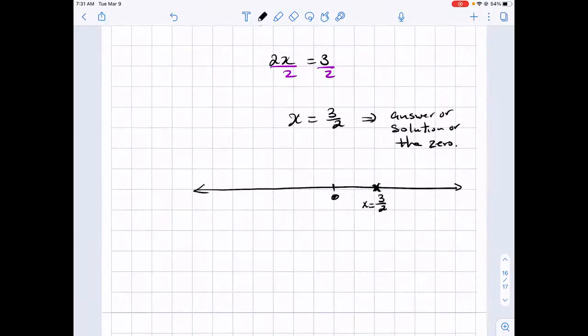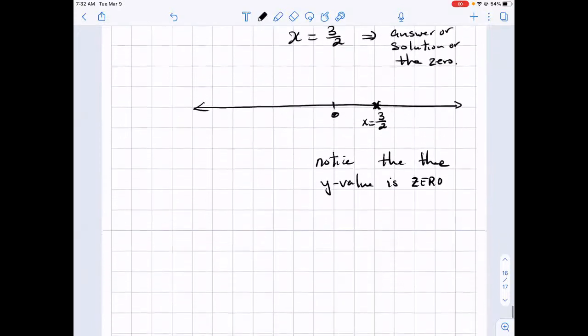But notice that the y value is 0. The y value is 0. And that's why we call this the zeros of the function.